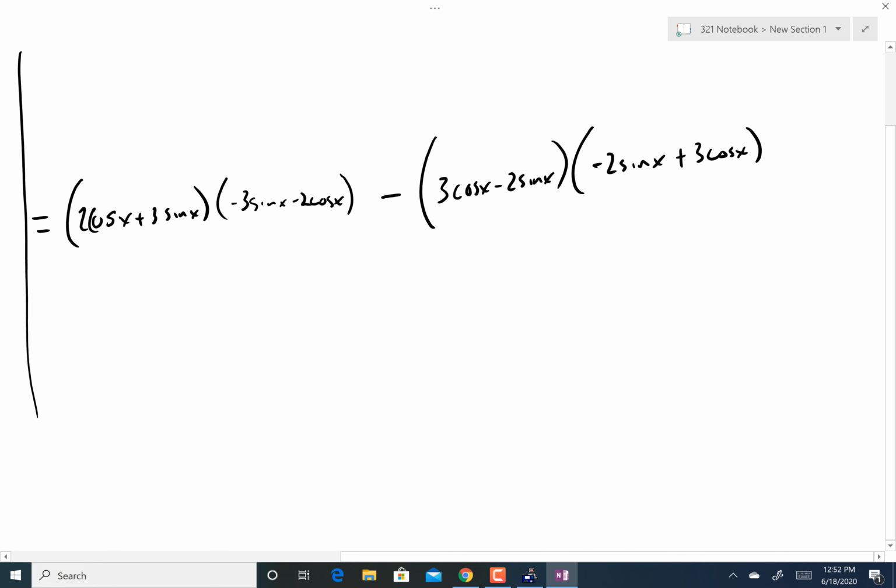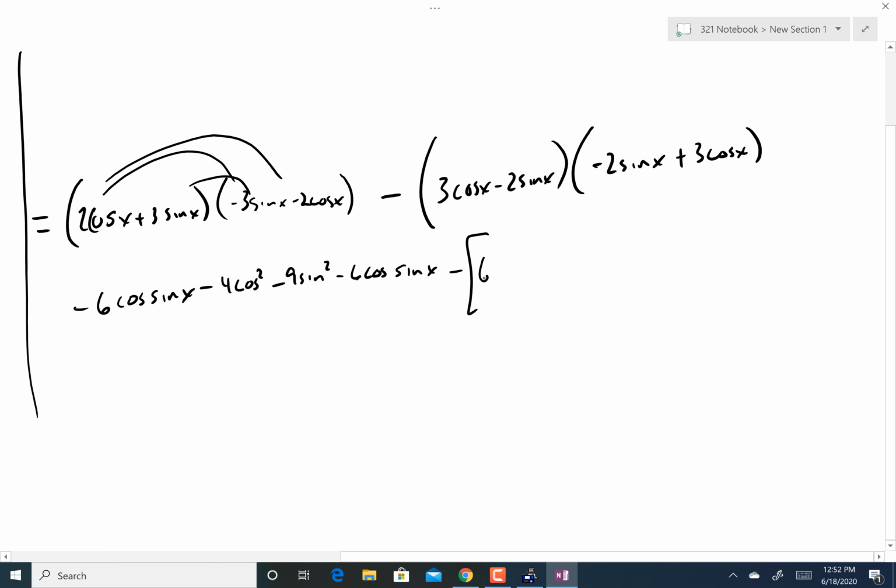All right, let's do it. This times this, negative 6 cosine sine. This times this is going to be minus 4 cosine squared. Minus 9 sine squared. Minus 6 cosine sine. And then minus whatever I got in here. So I'm going to add negative 6 cosine sine.